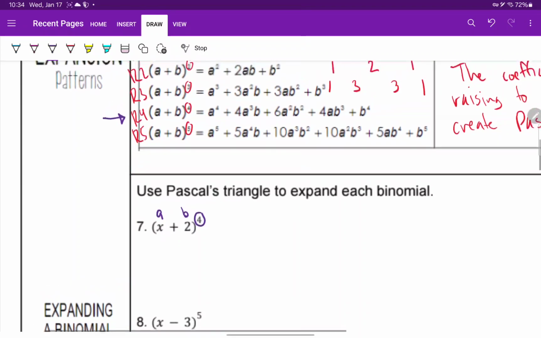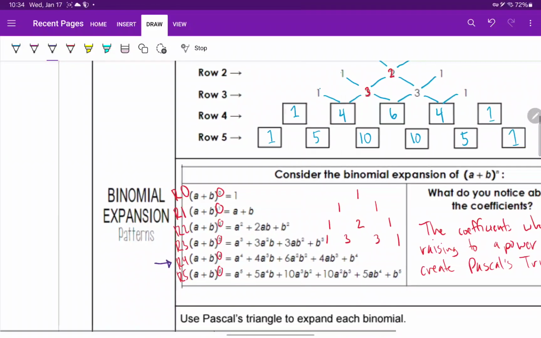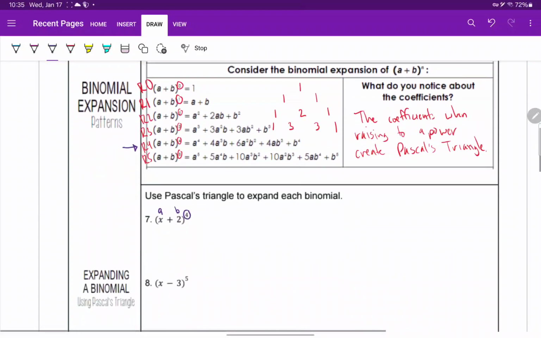So when I look at this row 4, it's right here. Let me bring these notes up. We're actually looking at this row right here. That's row 4 for us. So the first thing I want to do is take those coefficients 1, 4, 6, 4, 1 and write them down.